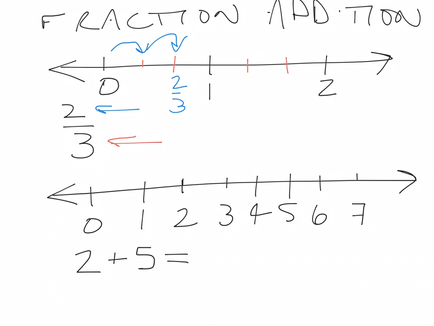So to use the number line to add 2 plus 5, I start at 2, and then I take 5 steps. 1, 2, 3, 4, 5 steps. And I landed on the number 7, and that tells me that 2 plus 5 is 7.